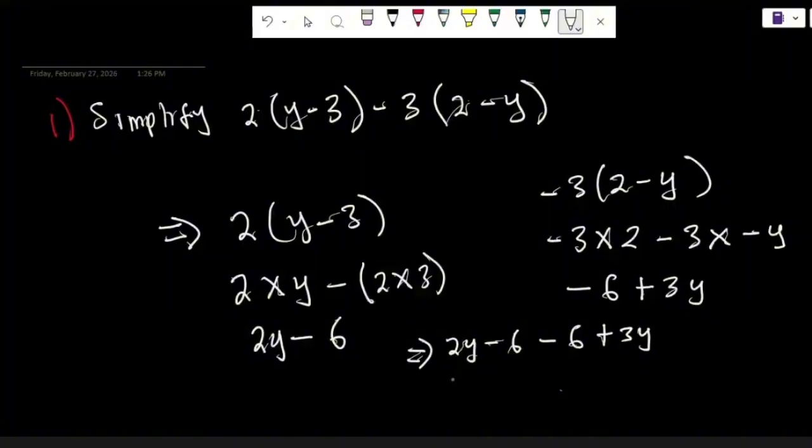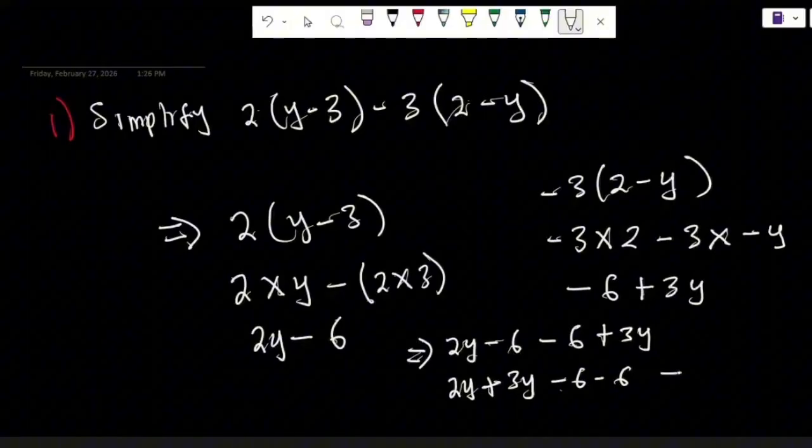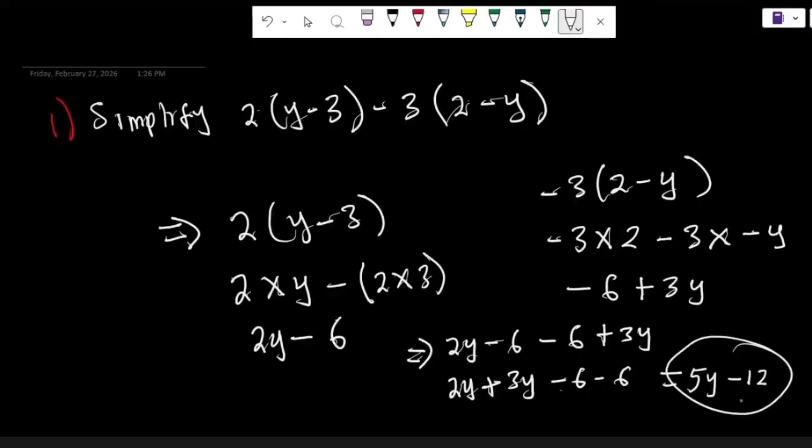So we are going to say 2y plus 3y minus 6 minus 6 because here we have negative 6 and negative 6. So this is clearly going to give us 2y plus 3y is equal to 5y. And negative 6 minus 6 is negative 12. And so this is our final answer: 5y minus 12.